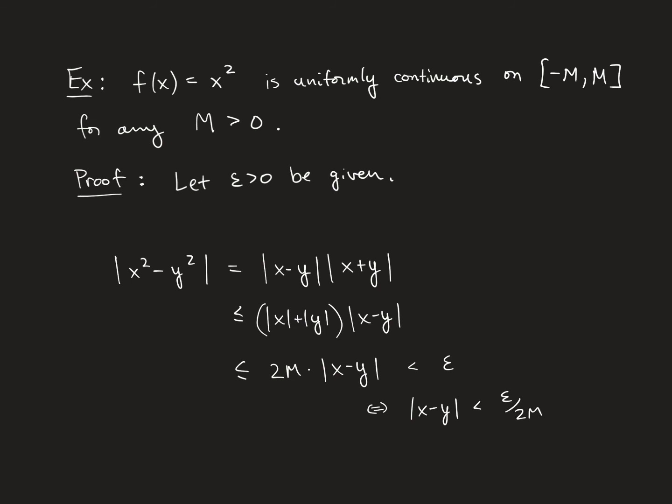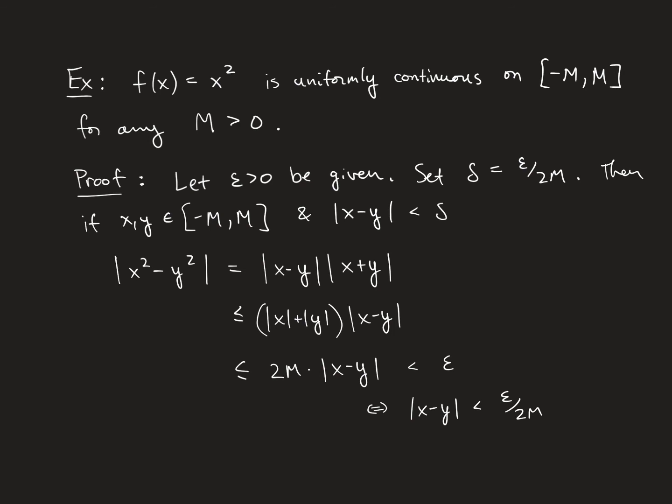Okay, so what we'll do is respond. So set delta equal to epsilon over 2m. Then if x and y are in this interval, and x and y are less than delta apart, then it follows that.